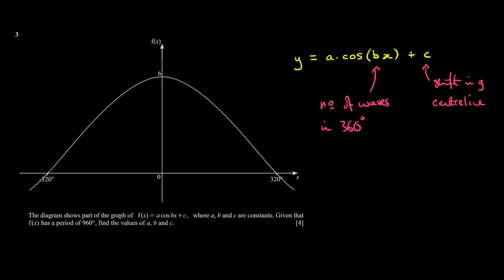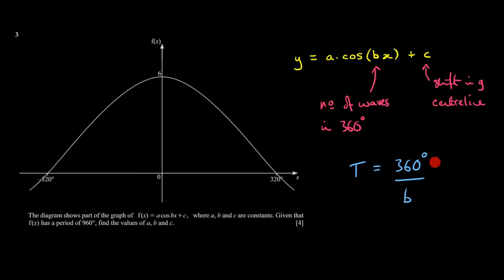So how could we use that to calculate the period? Well, what is the period? The period is just how long one wave is, and so it will be given by 360 degrees divided by the value of B. If B is 2, there are 2 waves in 360 degrees, so how big is one wave going to be?